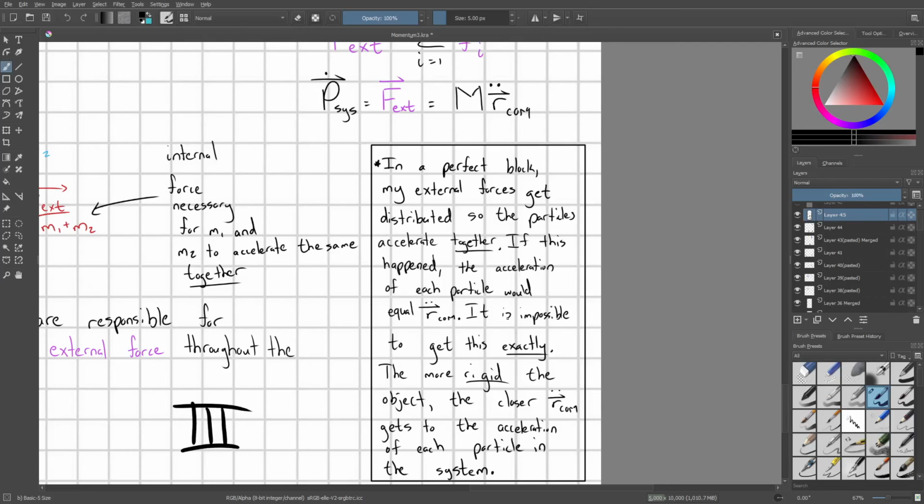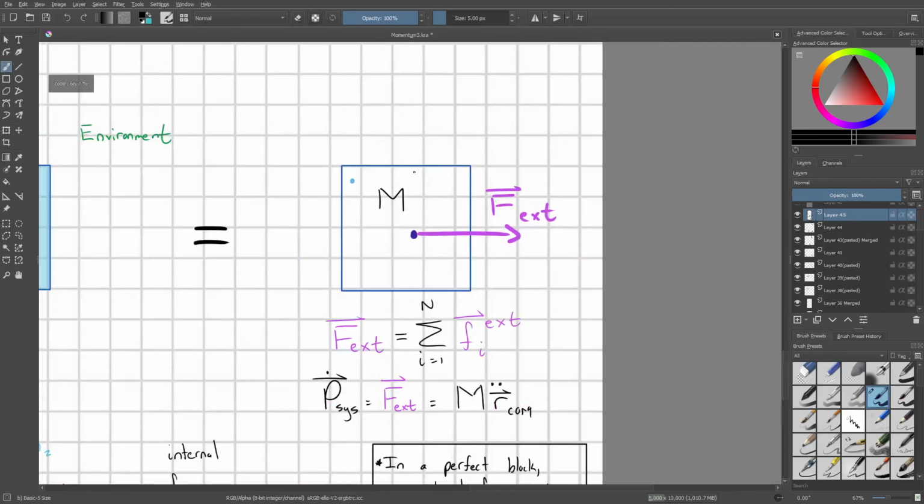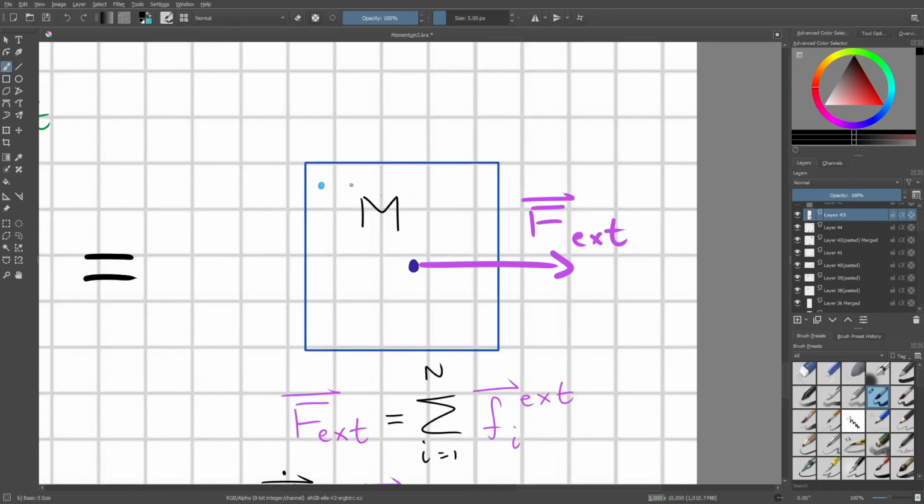That being said, the more rigid the object, the closer that the acceleration of my center of mass gets to the acceleration of each particle in the system. So the center of mass analysis is particularly useful when you're looking at rigid objects. Because again, by taking all these particles and reducing them down to one point, you're losing all of the complexity about the motion that each of these individual particles do.